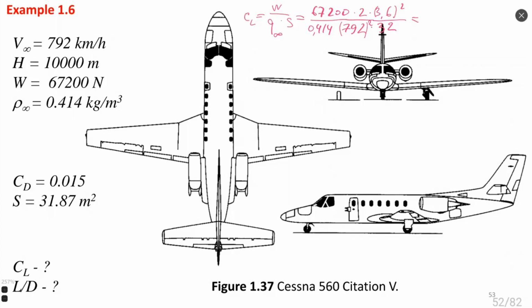I will have 6700 multiplied by 2, multiplied by 3.6 and 3.6, and divided by 0.414 divided by 792 two times, and divided by 32. Do we have it?